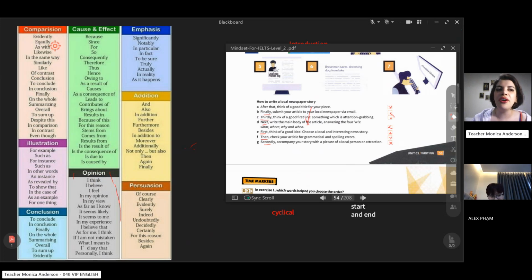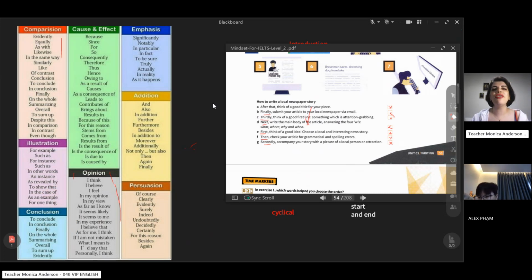If you want to compare, if you want to talk about cause and effect, if you want to emphasize something, like significantly, actually, truly. If you want to illustrate something, give some examples, and of course, make conclusions.